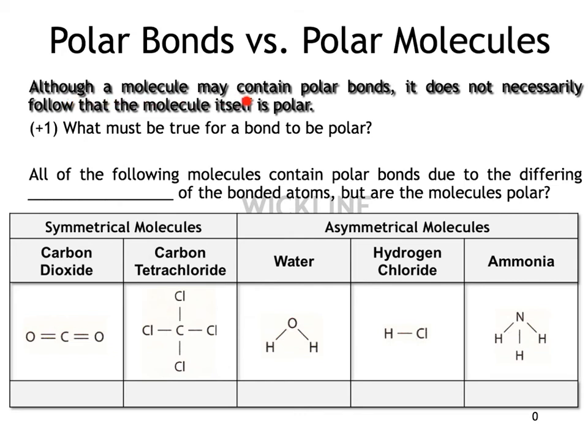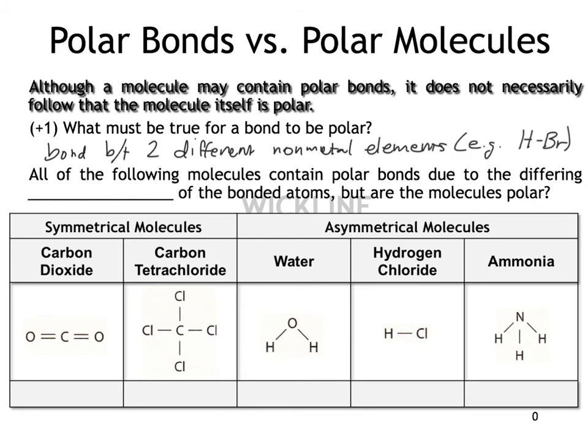Here's what I will note. Although a molecule may contain polar bonds, it does not necessarily follow that the molecule itself is polar. I'll show you examples of what I mean by this, but it's worth writing down. What must be true for a bond to be polar is that it must be between two different nonmetal elements. For example, HBr.